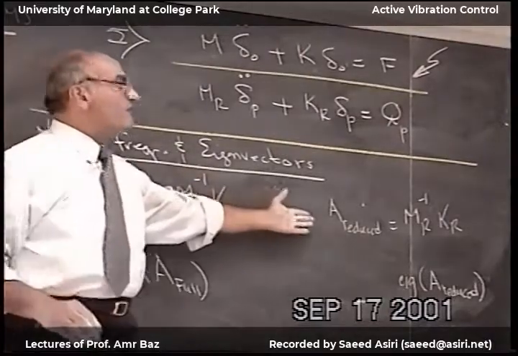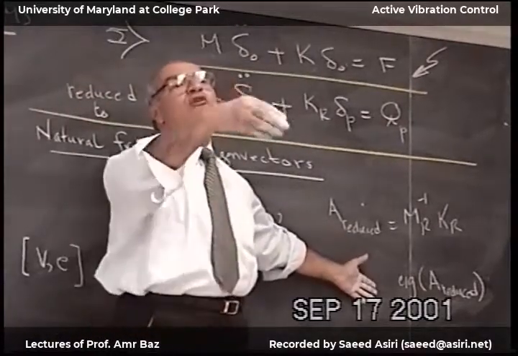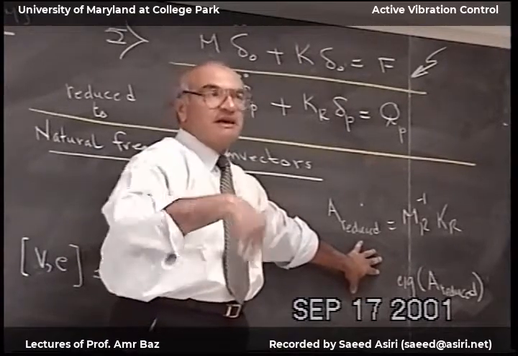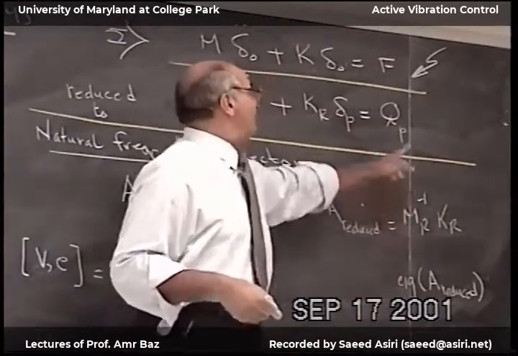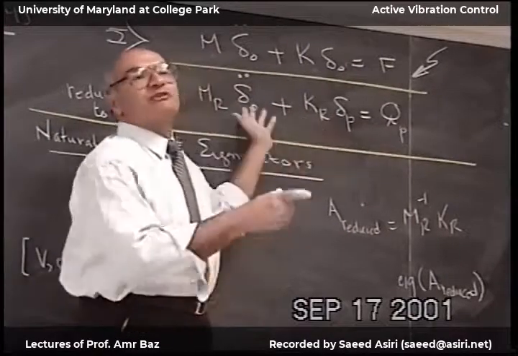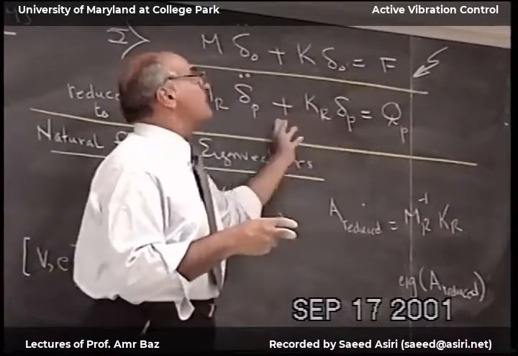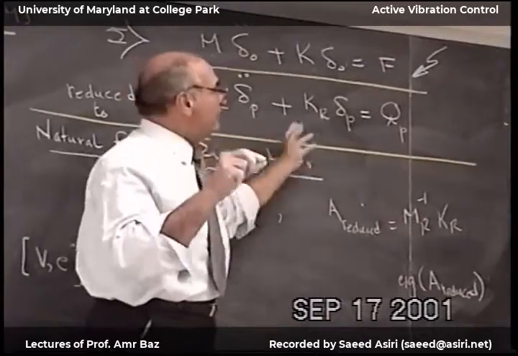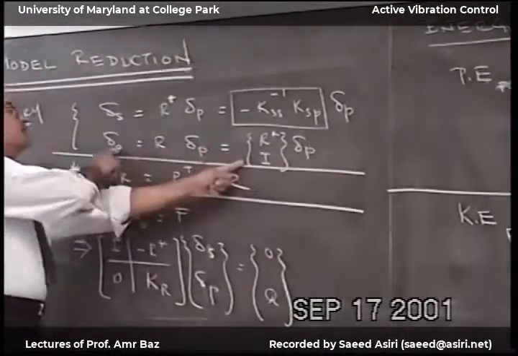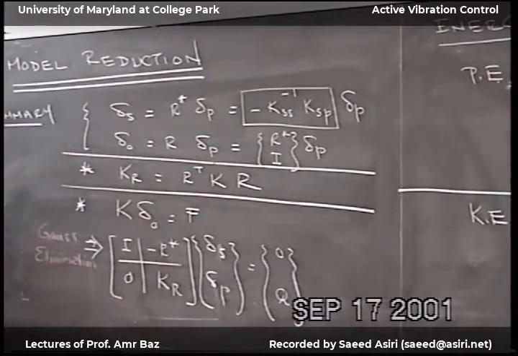You solve the eigenvalue problem. You do all your design with the reduced order system, and then once you're done and you solve everything, you know the time response and the frequency response of the primary degrees of freedom, then you take them and expand them here to get what you have.